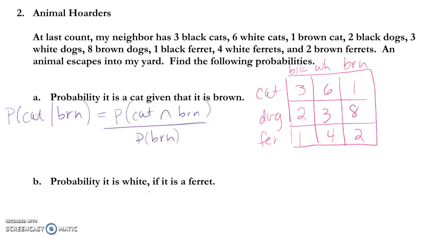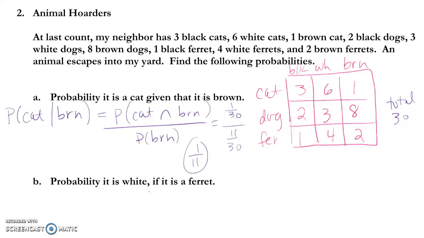If we add up all our animals, we have a total of 30 animals. The probability that it is a cat and brown: there's only 1 brown cat, so that likelihood is 1 out of 30. The likelihood that we're dealing with a brown animal: there are 11 animals that are brown, so 11 out of 30. If we divide these, we get 1 out of 11.